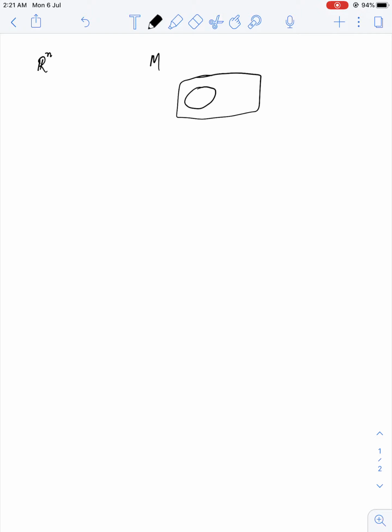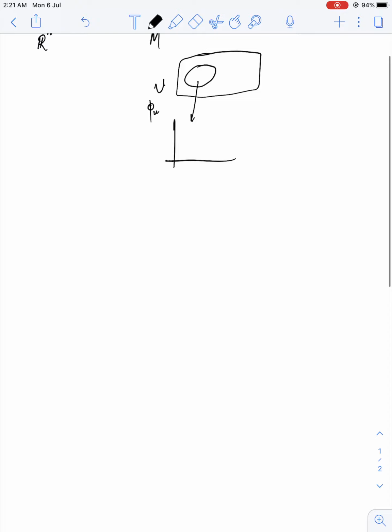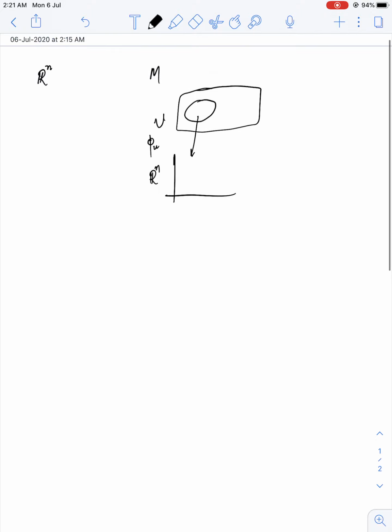This is U, an open set, and associated with each patch we have a function phi of U such that it maps the patch U to an open set in Rn, because our manifold is of dimension n.